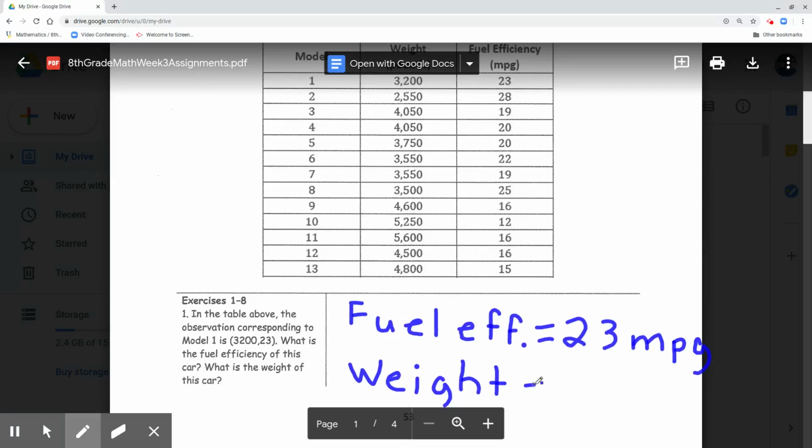So, if you can figure these out, you understand how to read the table, because we're going to need the table for the next part. All right, go ahead and pause the video and make sure you have these right, and then we're going to move on to the next part.